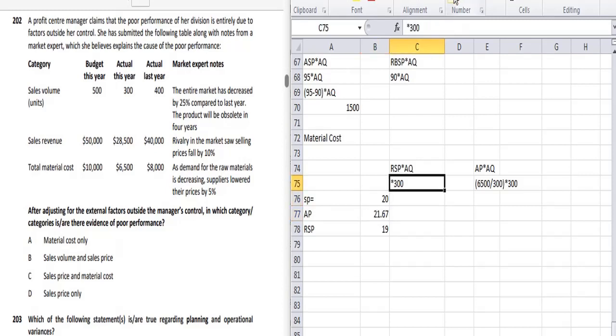So now the revised standard price is 19 into 300, and here it will be 21.67 into 300. Now what are we calculating? The operational price variance for material. The difference of these two, multiplied by quantity 300. So it's negative, means the manager had not performed well in the case of material because it's adverse.